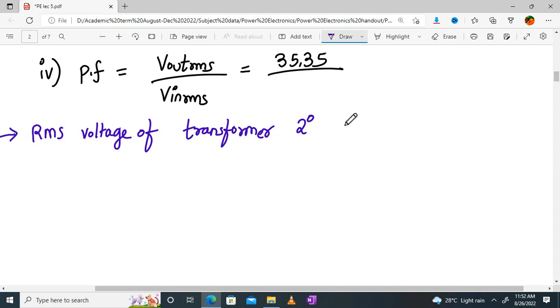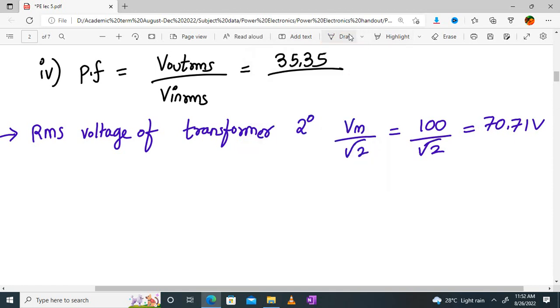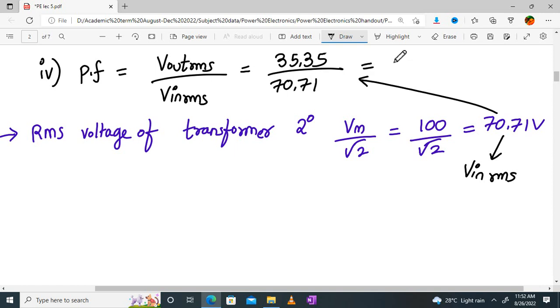So what is that? Vm divided by root 2, which is 100 divided by root 2, which is 70.71. This is nothing but V in RMS. We substitute it over here. So how much is the power factor? Is it correct? Yes, it is in the range 0 to 1. If it is anything above 1 or below 0, then you have to recheck the previous step.